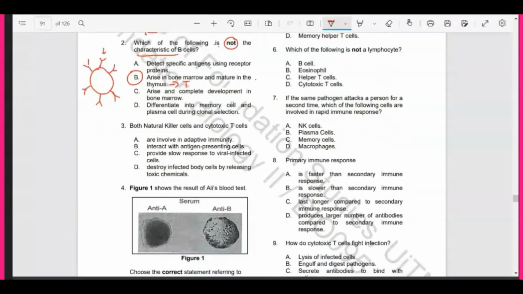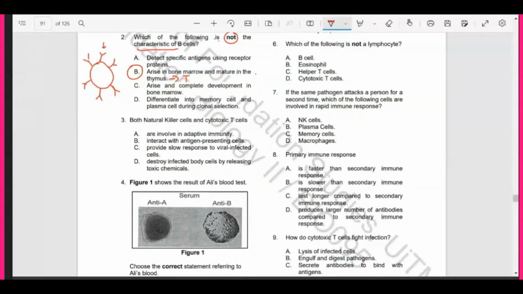Number 3, Raja. Both natural killer cells and cytotoxic T cells are involved in adaptive immunity. Jawab A. Are you sure? Tadi saya baru cakap kalau second line defense, yang ketiga tu melibatkan natural killer cell kan?